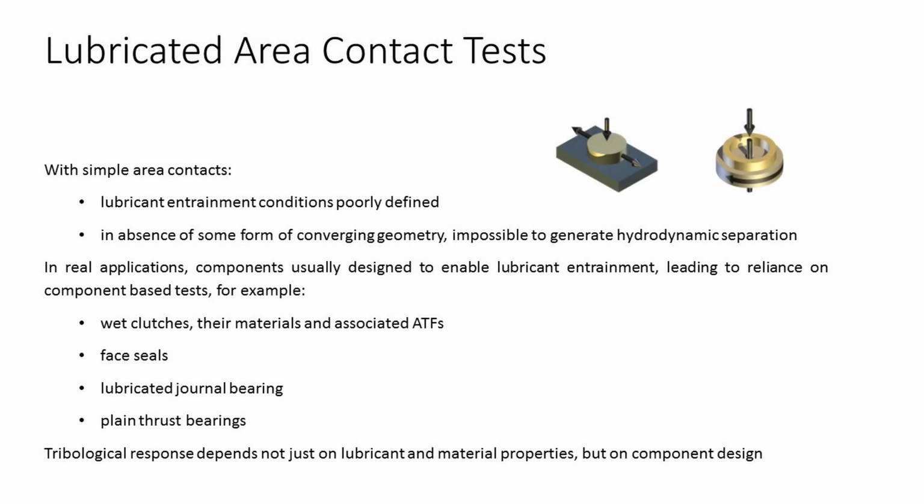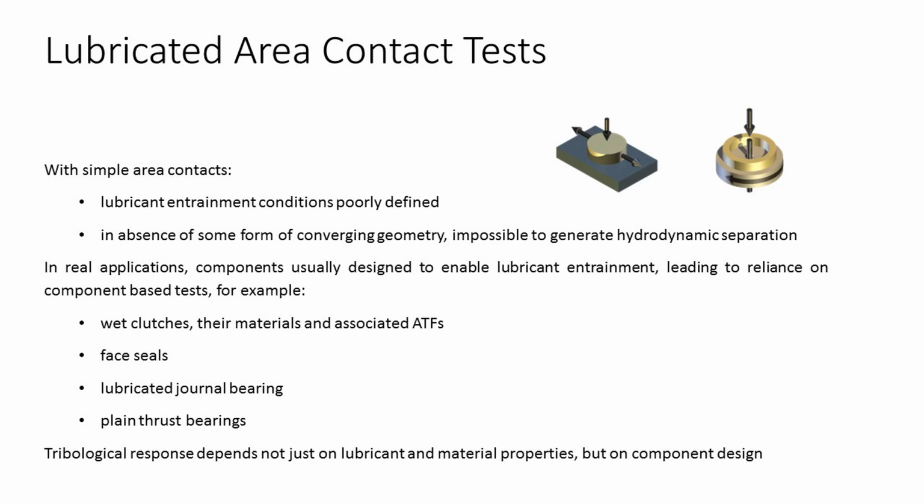Now let's move on to lubricated area contacts. With simple area contacts, lubricant entrainment conditions are poorly defined. Furthermore, in the absence of some form of converging geometry, it is impossible to generate hydrodynamic separation of the surfaces. It follows that, in real applications, components usually have to be designed to enable lubricant entrainment.